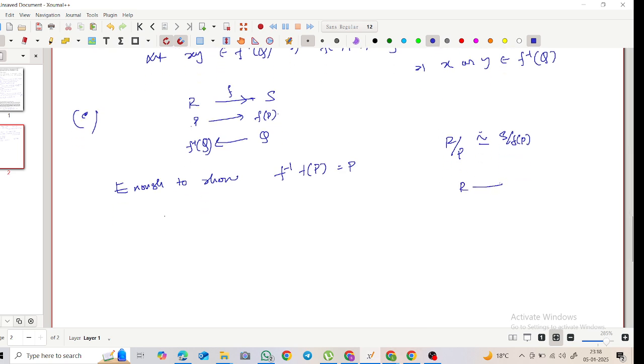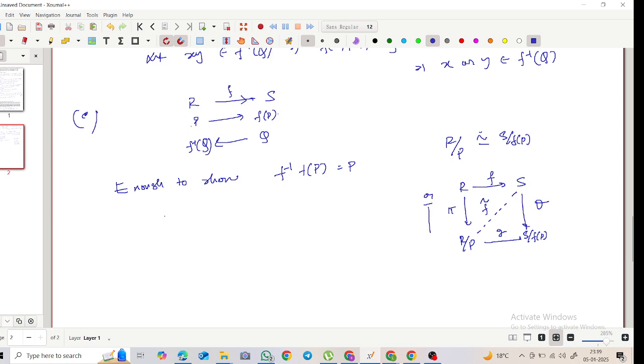Take this diagram, maybe call it g. Okay. So what is the map?